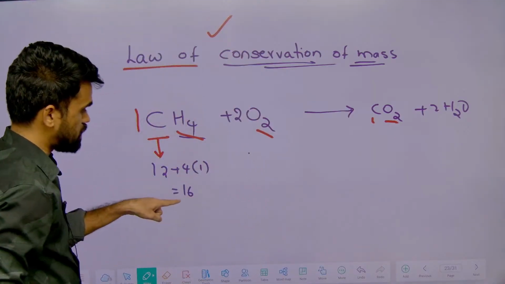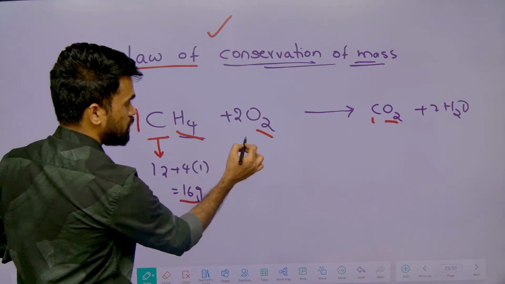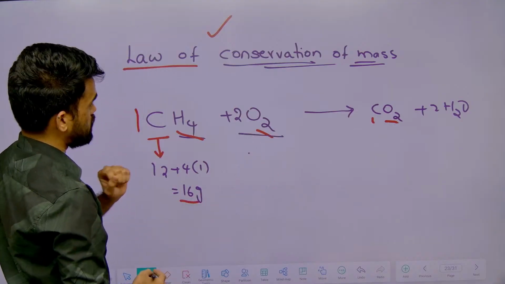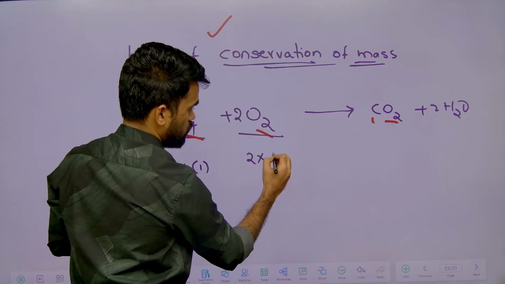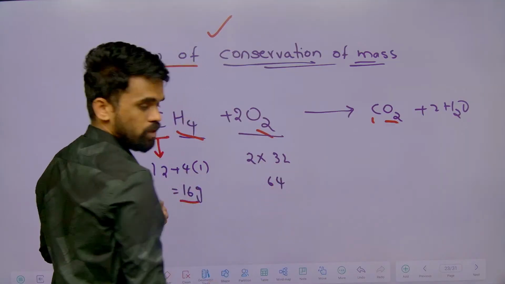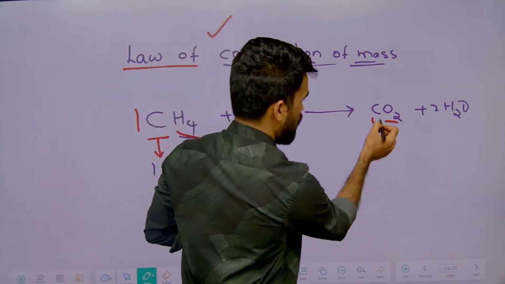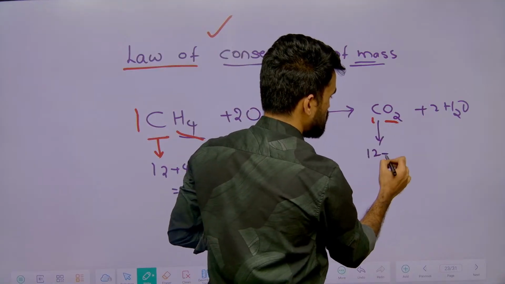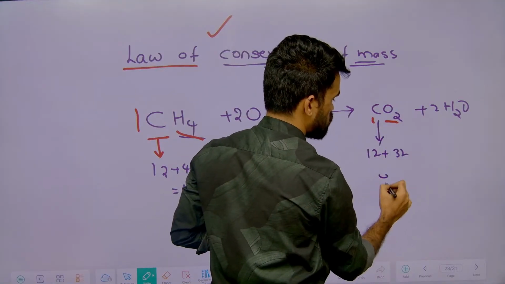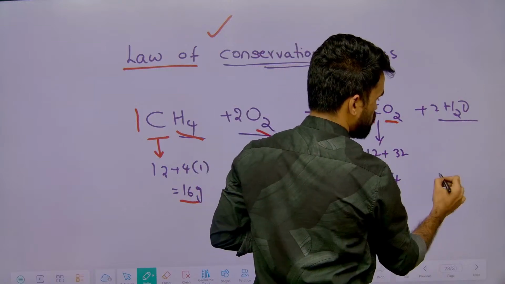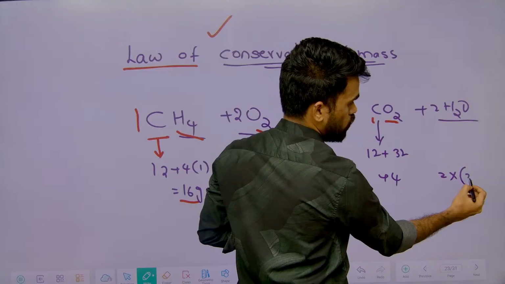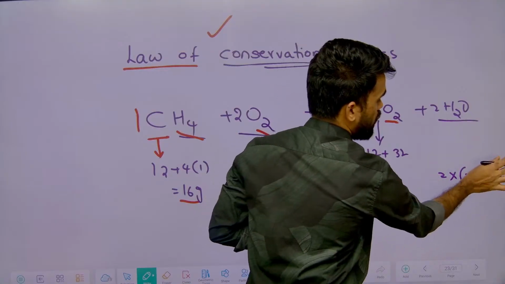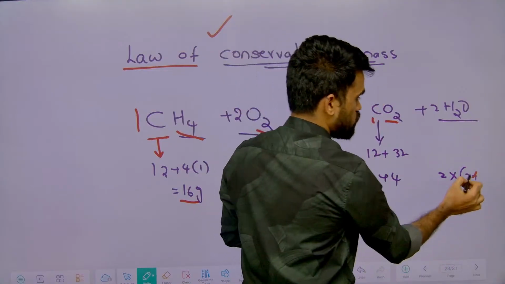So this is 16 grams reacting with 2 into 32, which is 64. Next, on this side, check: carbon mass is 12 plus 2 oxygens means 32, a total of 44. Next, what about this one? 2 into hydrogens: 2 plus 2, since each hydrogen weighs 1, so 2 into 1 is 2.